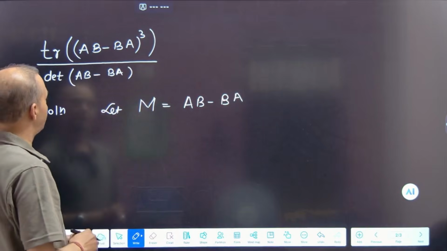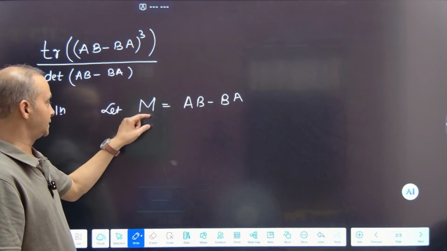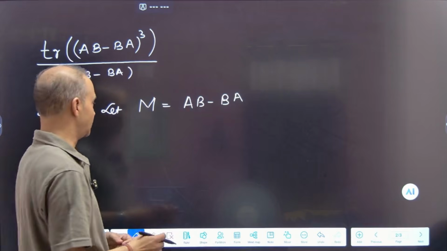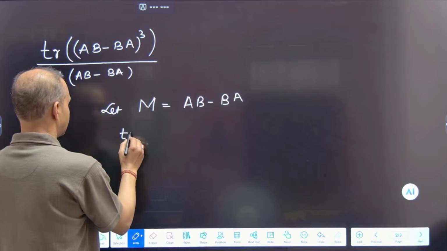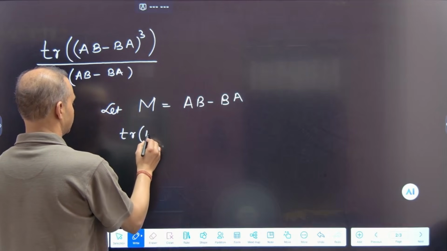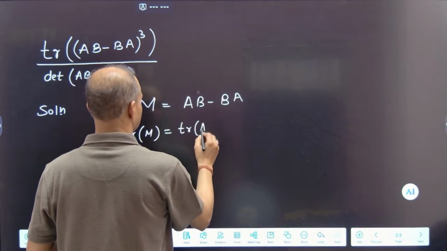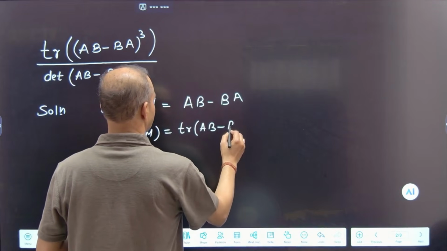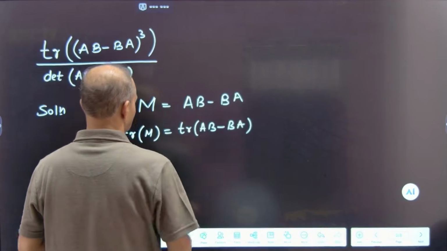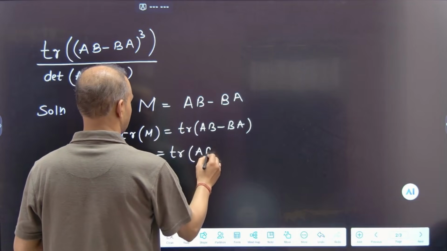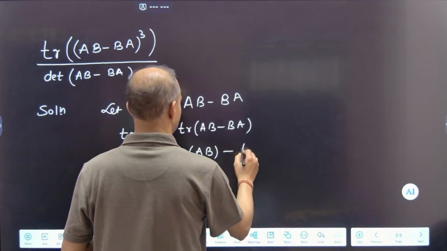Now you notice, if I have to find the trace of the matrix M, it's not so difficult. How do we find it? Trace of M is nothing but the trace of AB minus BA, which we can write as trace of AB minus trace of BA.